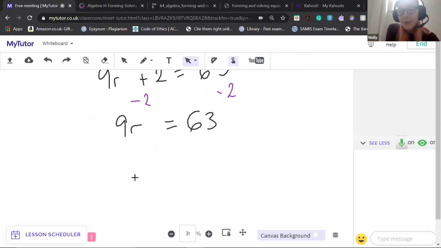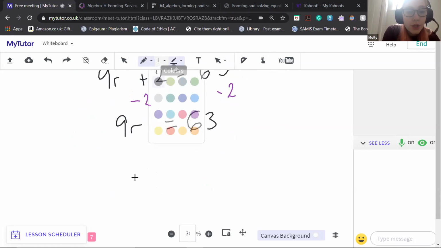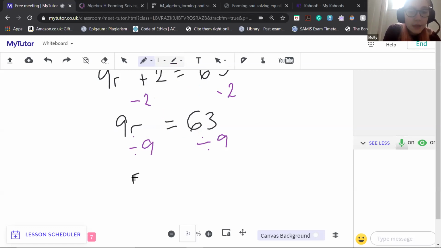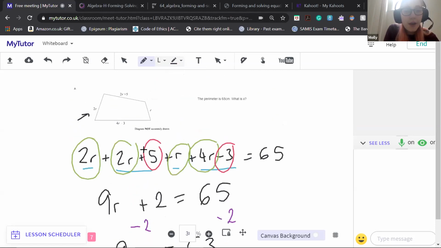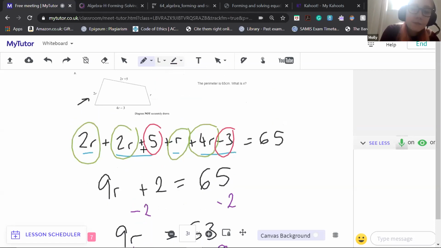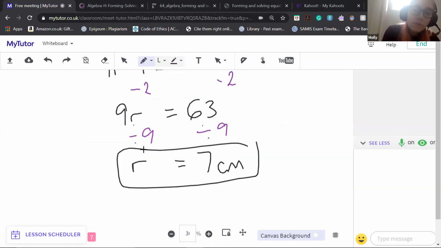It's currently being multiplied by 9, so let's divide by 9 on each side. So we get r equals 7. And there you go, we've solved for r. r is 7 centimeters. Hopefully that one makes sense.